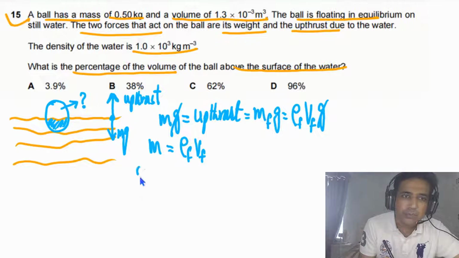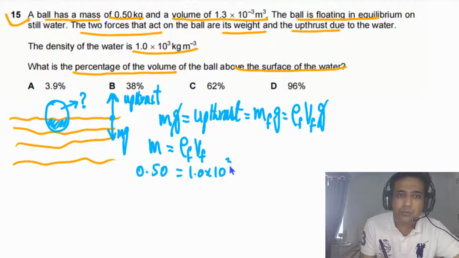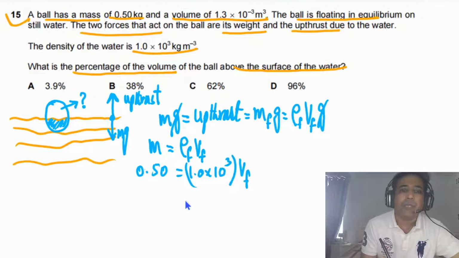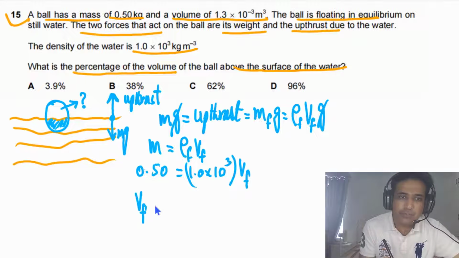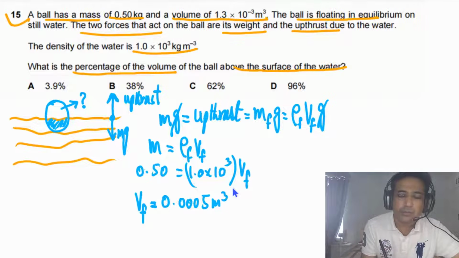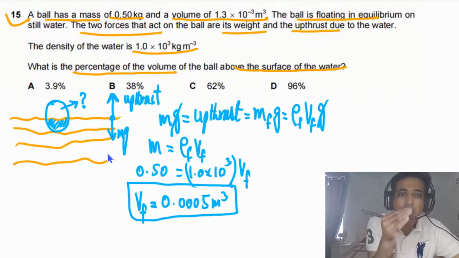So we can simply write the mass of the ball, that is 0.50, and density of the fluid, that is 1.0 times 10 to 3 kgs per cubic meter, and here we have the volume of fluid. So we can find out from here the volume of fluid displaced, which in this case will be equal to 0.0005 meters cube.